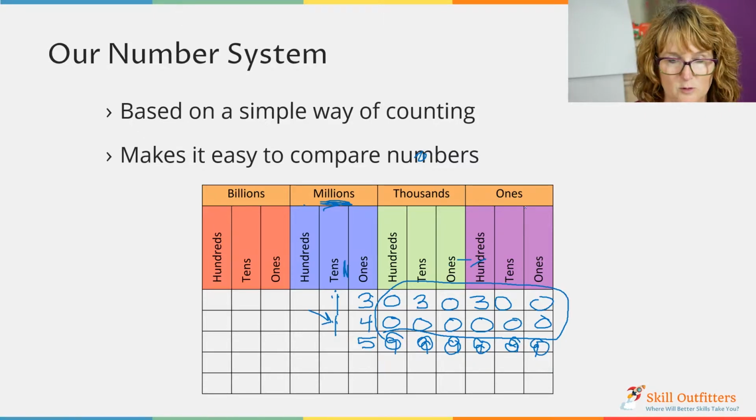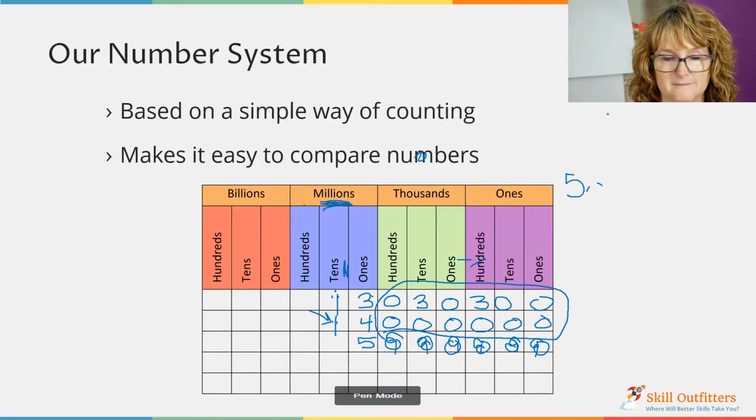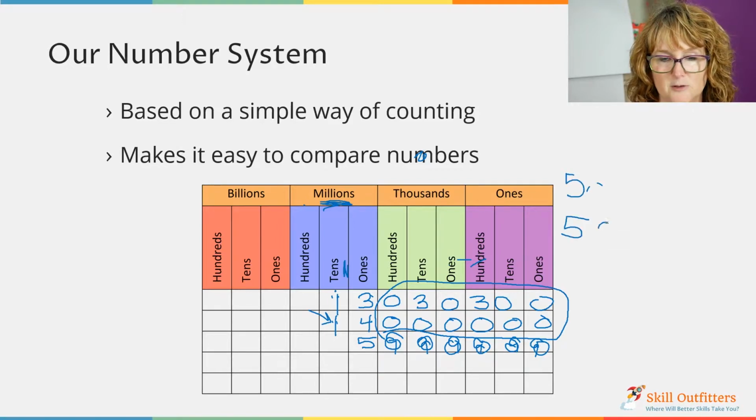Okay, so if you were handed a number like 5,209, then you would put these in. All right, starting from the right and working your way to the left.